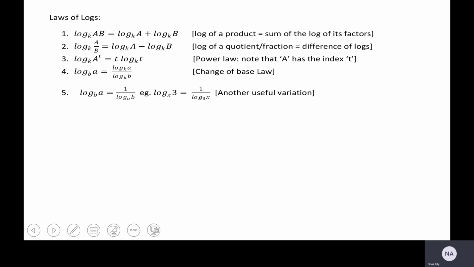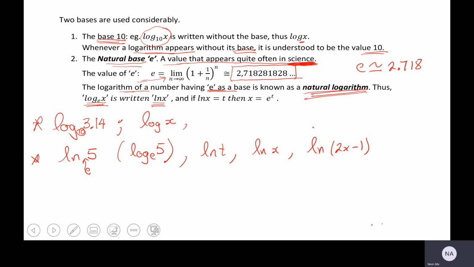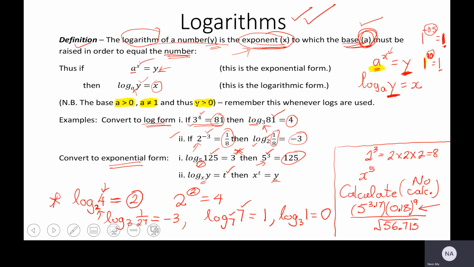Now, I think just before we go on to the laws of logs, there's something that I want to make sure you understand. The introduction and the definition of logarithms. Look carefully at the definition. It's the log of the number y to a base a, and that will be equal to something. Now, why am I pausing here?